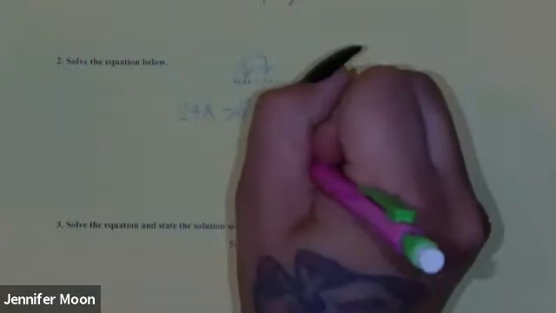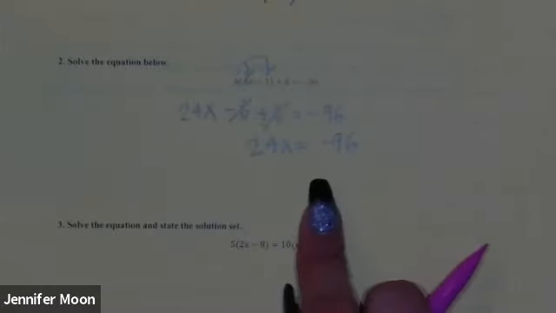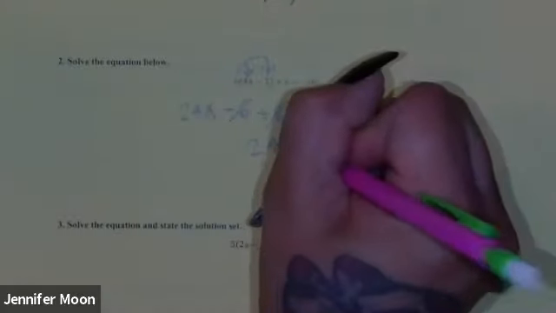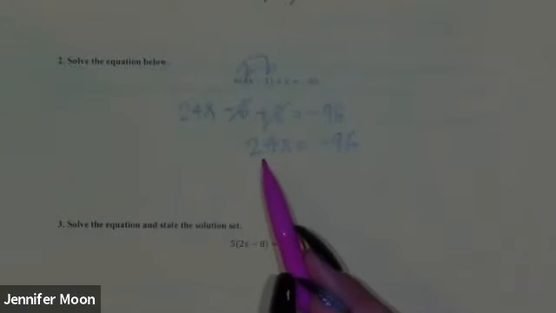So what do I have now, y'all? Let's rewrite this. 24x equals negative 96. I was doing the math in my head. I need to solve for my x, right? What do I do now? What's happening to my x? Is it being multiplied by 24, right?